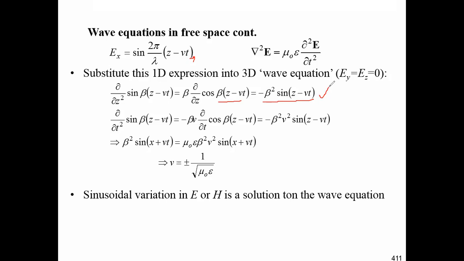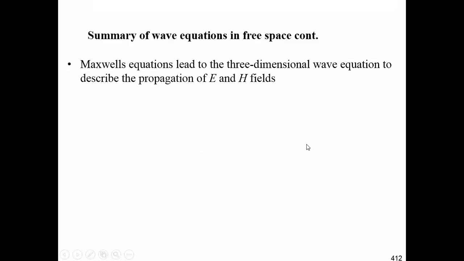Yes, sir. You see, sinusoidal variation in E or H is a solution to the wave equation, that Helmholtz wave equation. The basic summary of the entire wave equation is that only one component of E and H will exist. They are always perpendicular to each other and the direction of propagation is perpendicular to what?